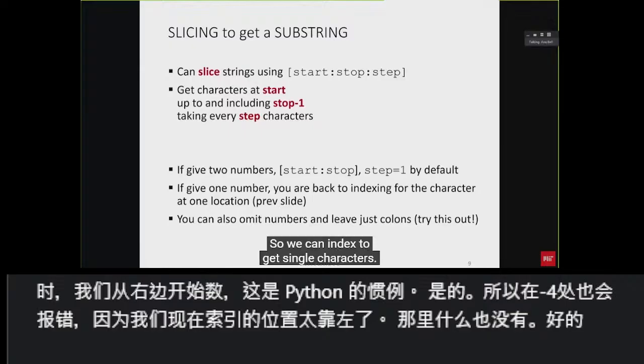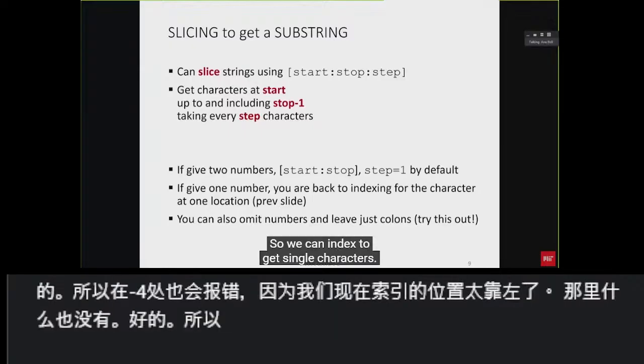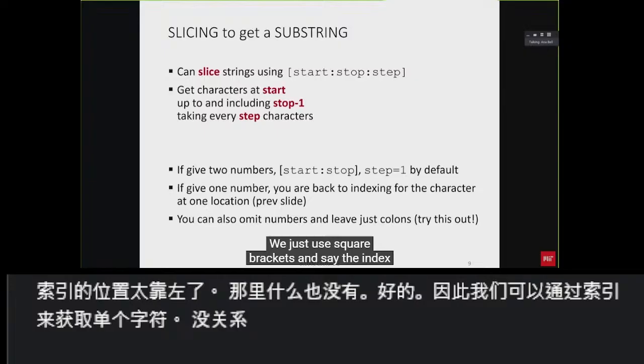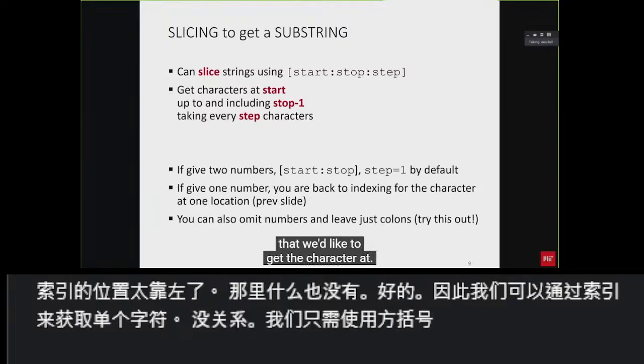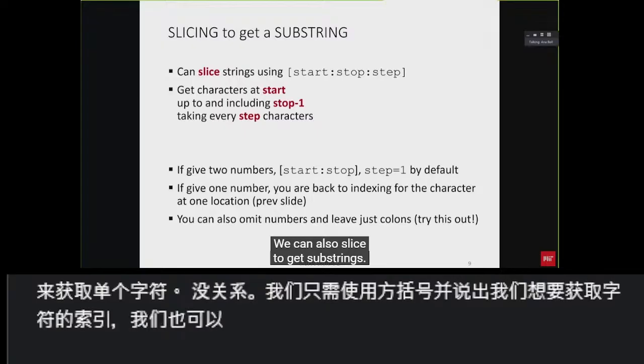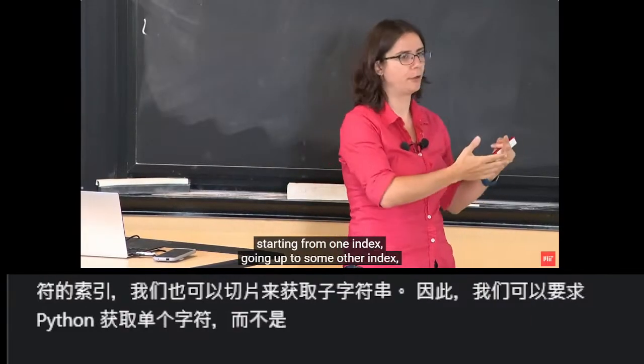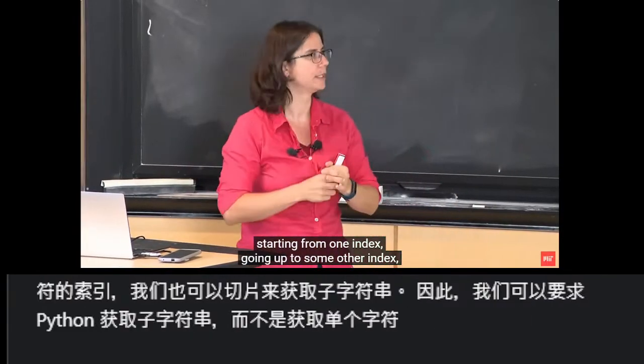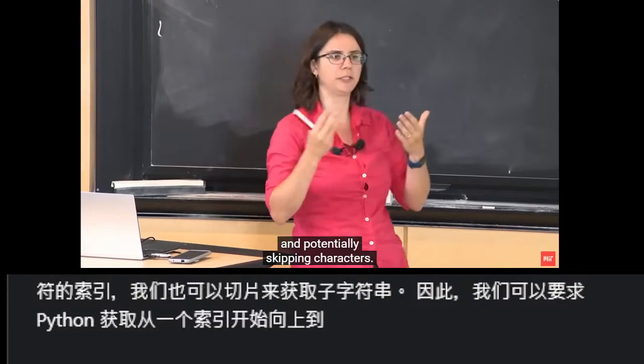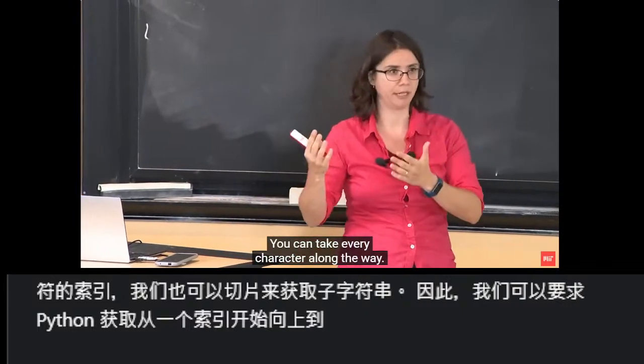Okay, so we can index to get single characters. That's fine. We just use square brackets and say the index that we'd like to get the character at. We can also slice to get substrings. So instead of getting single characters, we could ask Python to get us a substring starting from one index, going up to some other index, and potentially skipping characters. You can take every character along the way.